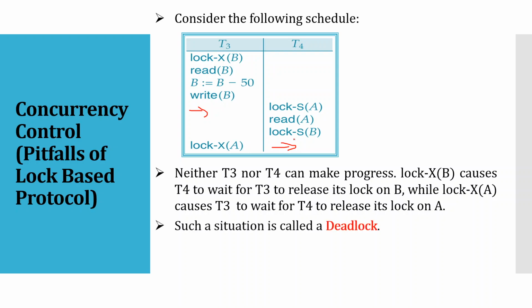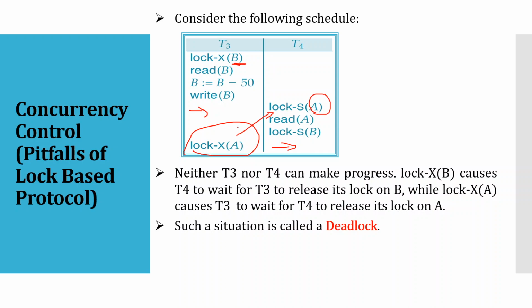This is the problem, and this type of situation is called deadlock, where one transaction is waiting for another transaction to release a lock on a particular data item. Here, this transaction is waiting for a lock on data item B to be released, and the other transaction is waiting for this one to release a lock on data item A.